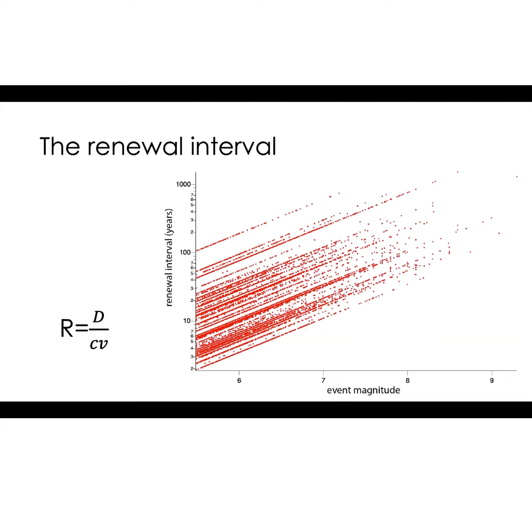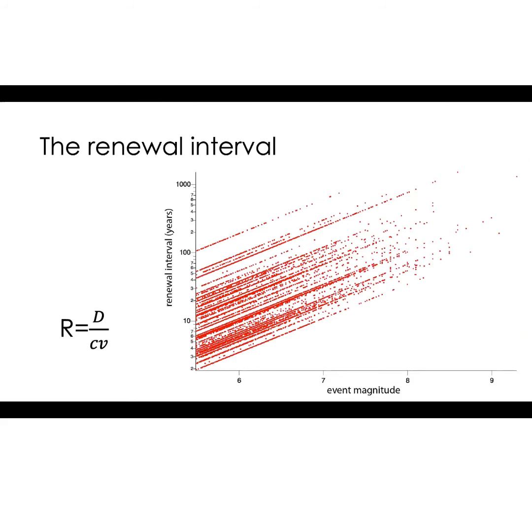So we need something that better approximates, more systematically and consistently for the whole catalog, what the natural period of each of these events is. And so we use something called the renewal interval as a proxy for that.